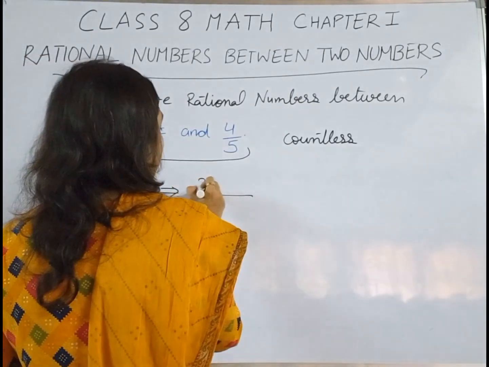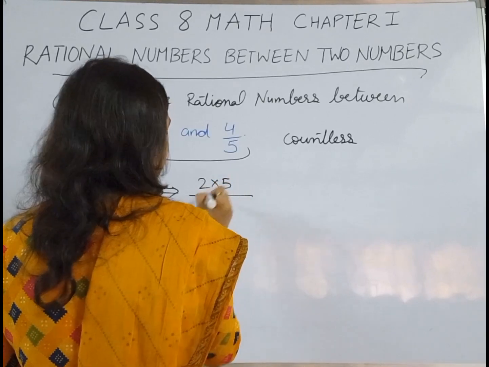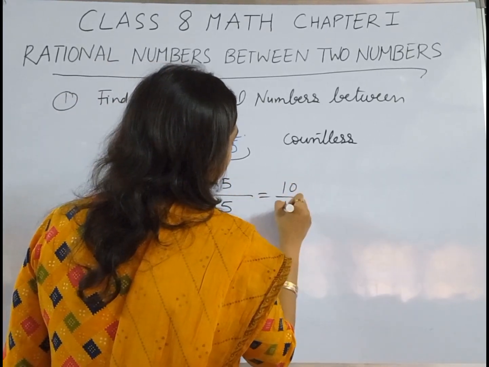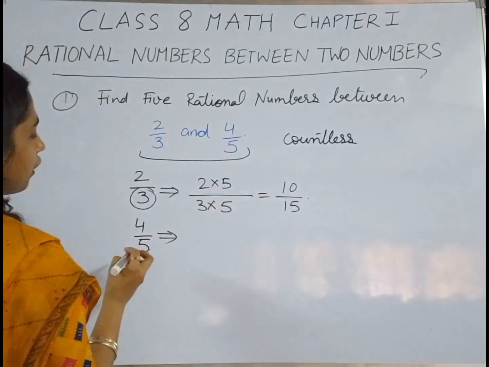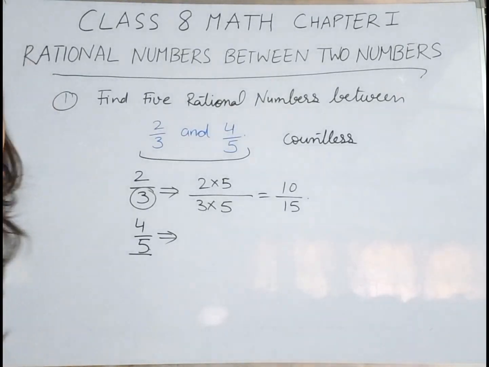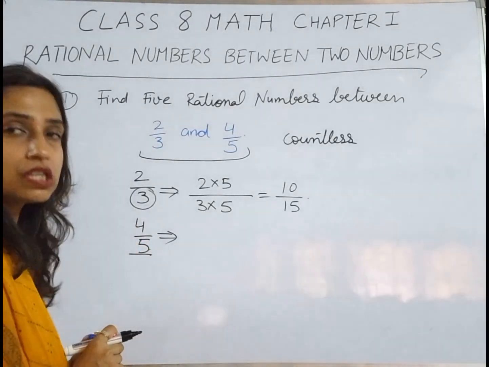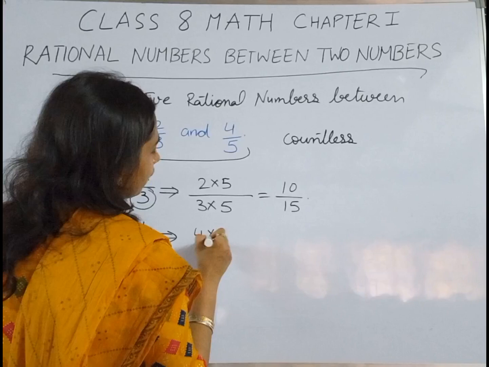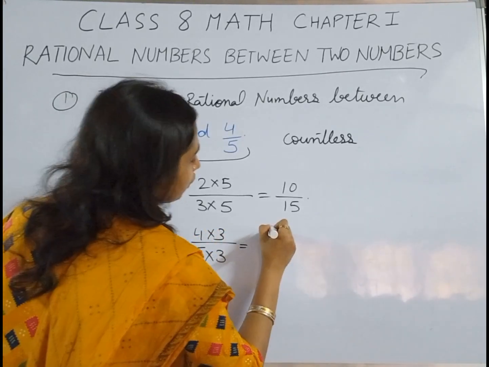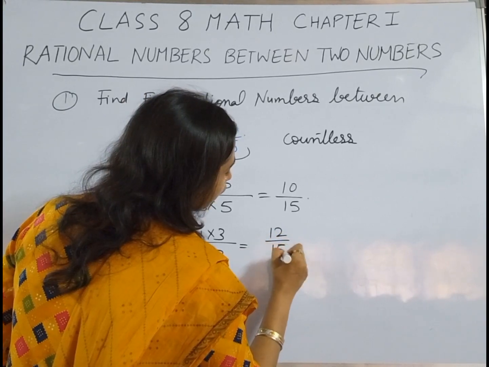So we will multiply numerator and denominator of the first term with 5. So this becomes 10 by 15. Similarly, to make the denominator of the second term equal to 15, we have to multiply it with 3. So we will multiply numerator and denominator with 3. So this becomes 12 upon 15.